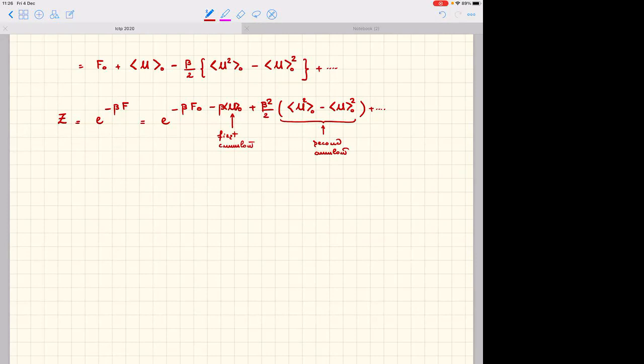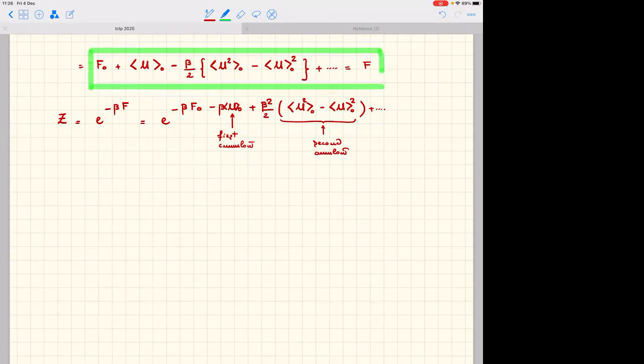That is why this expansion of the free energy, so essentially what we are doing is an expansion of the free energy, is called the cumulant expansion in the literature.